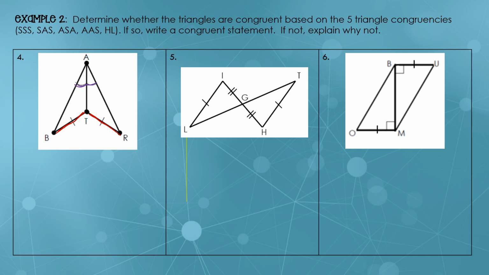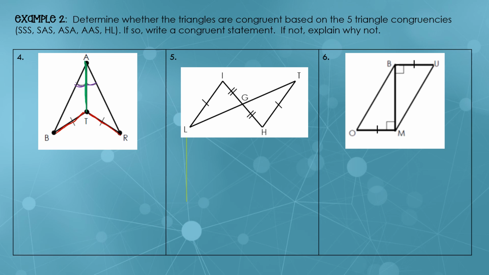Is there anything that we can mark congruent? So you want to look for vertical angles. We don't have any vertical angles. You want to look for a reflexive side. We do have a reflexive side. We've got AT, which is part of both triangles. So we do have two sides and one angle.